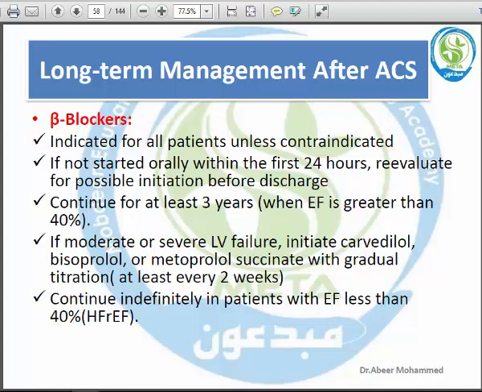These are the approved beta blockers in heart failure. We can titrate the beta blocker every 2 weeks according to how much the patient can tolerate, whether I increase or not.